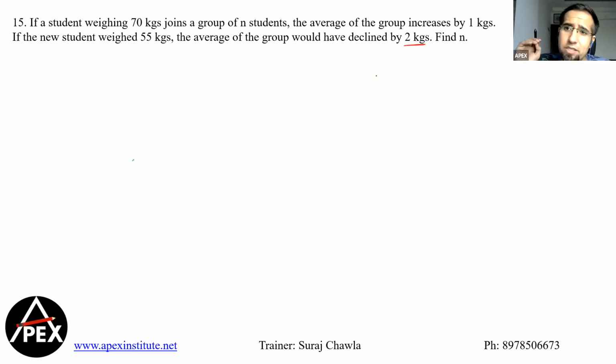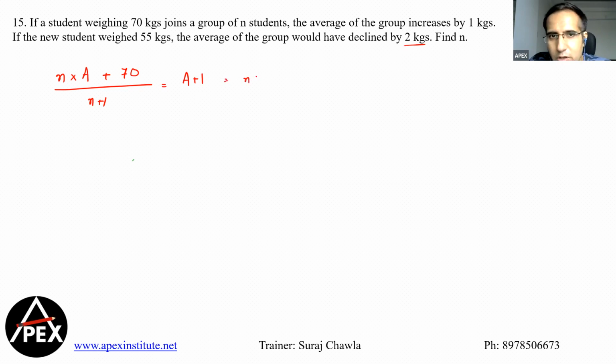Now, in this question, neither has the old average been given nor has anything else been given. So I do not know the number of people n, and let's say the existing average is a. n into a plus 70 divided by n plus 1 equals the new average. The average increases by 1. So this is what we get.